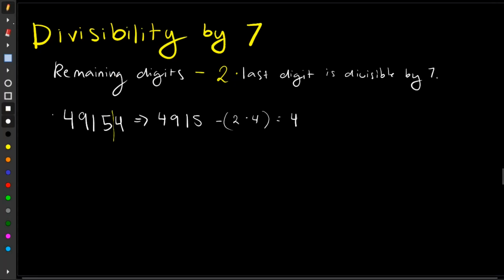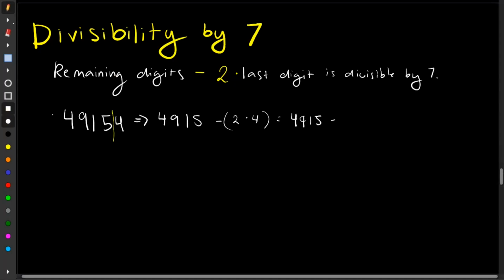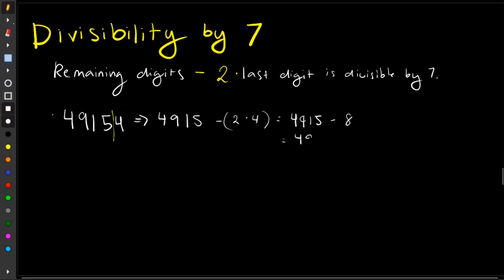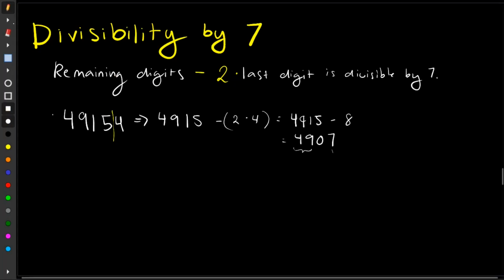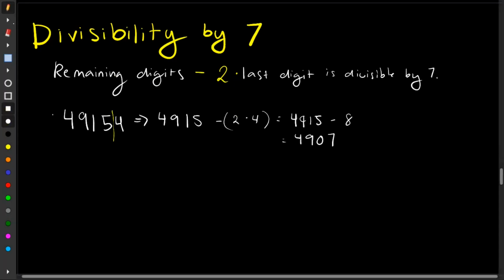So that would give us 4,950 minus 8. And this is simply 15 minus 8 is 7, so 4,907. This is a bit clear that it is divisible by 7, since both this one and this one are divisible by 7. But we can still repeat the process.